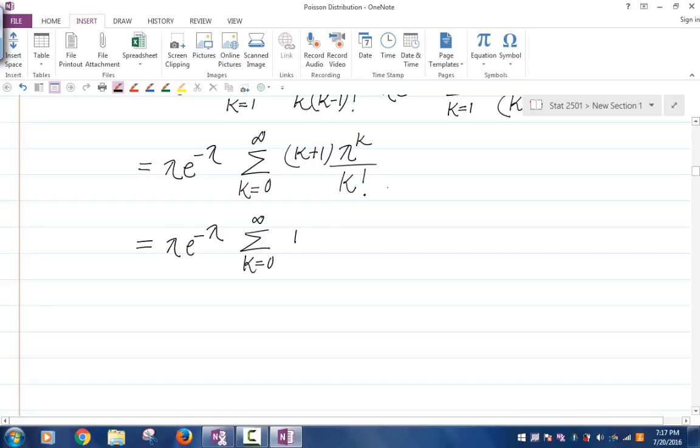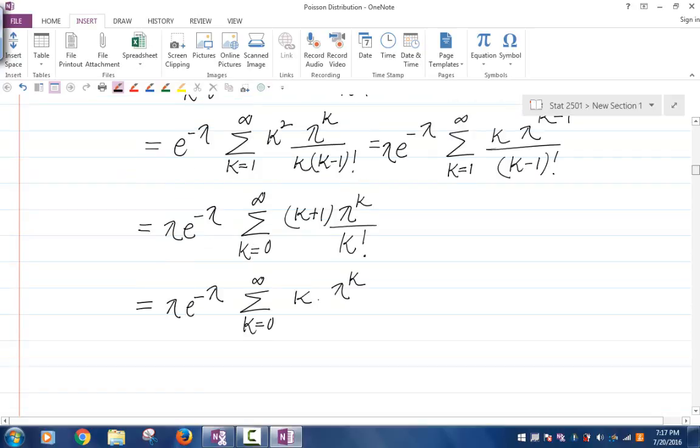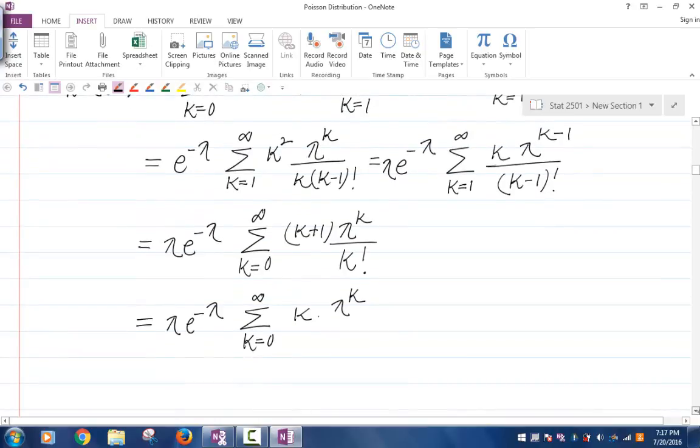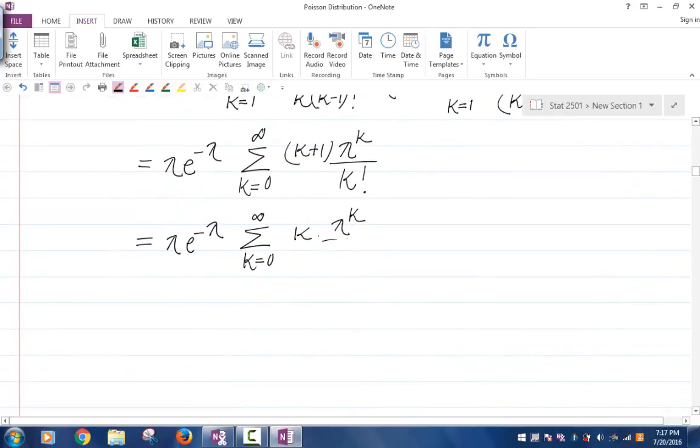So this summand can be written, if I multiply out, as k times lambda to the k over k factorial plus lambda to the k over k factorial. So I simply multiply it out. So this is what I get.